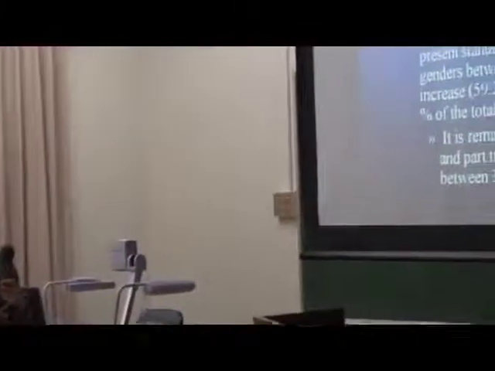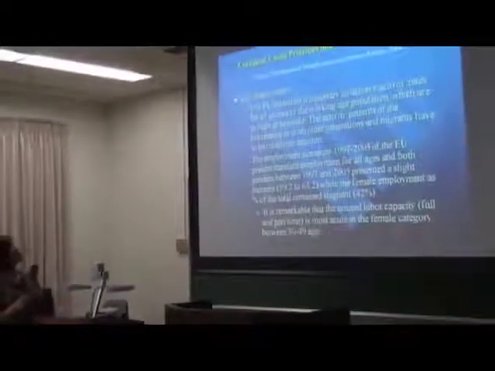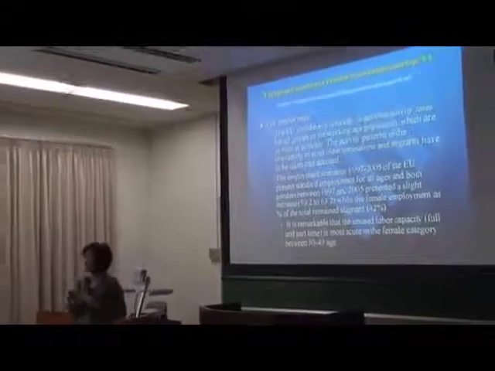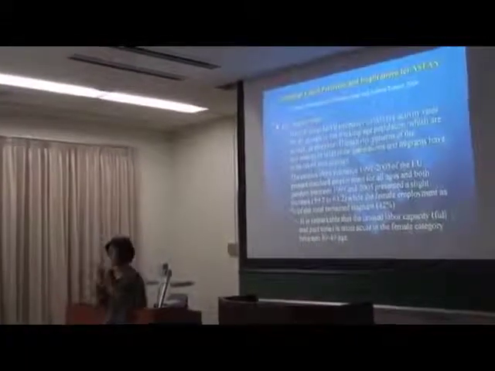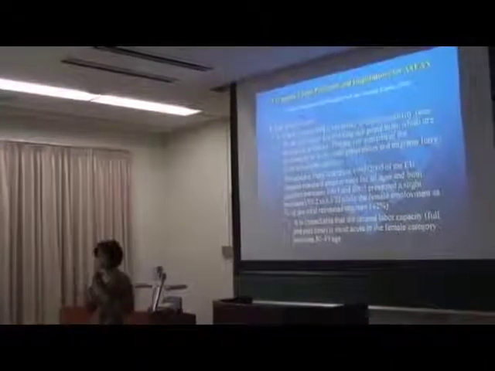And this is what they say: the EU considers it necessary to achieve activity rates for all groups in the working age population which are as high as possible. The activity patterns of the older generation and migrants have to be taken into account. So full employment is not only for the EU people, but also for the migrant workers.